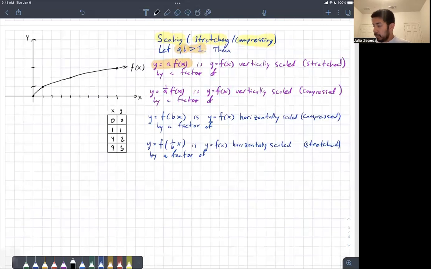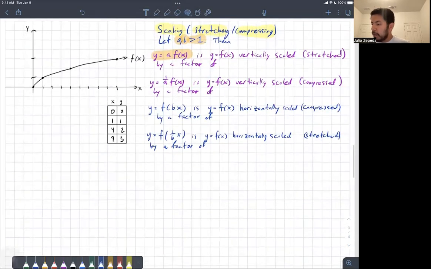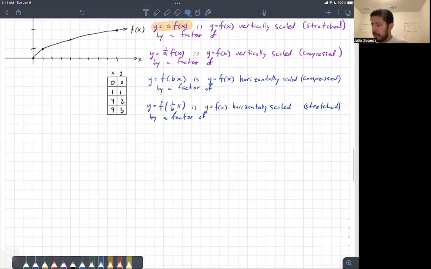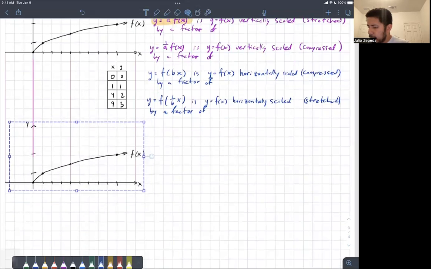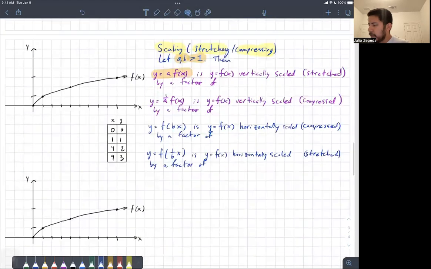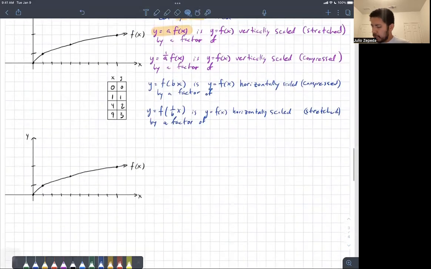Okay, so let's take a look at what would happen if we scaled this by a factor of 2. So let's define a function. I'll do it in green. Let's define a new function, call it g of x is equal to 2f of x.